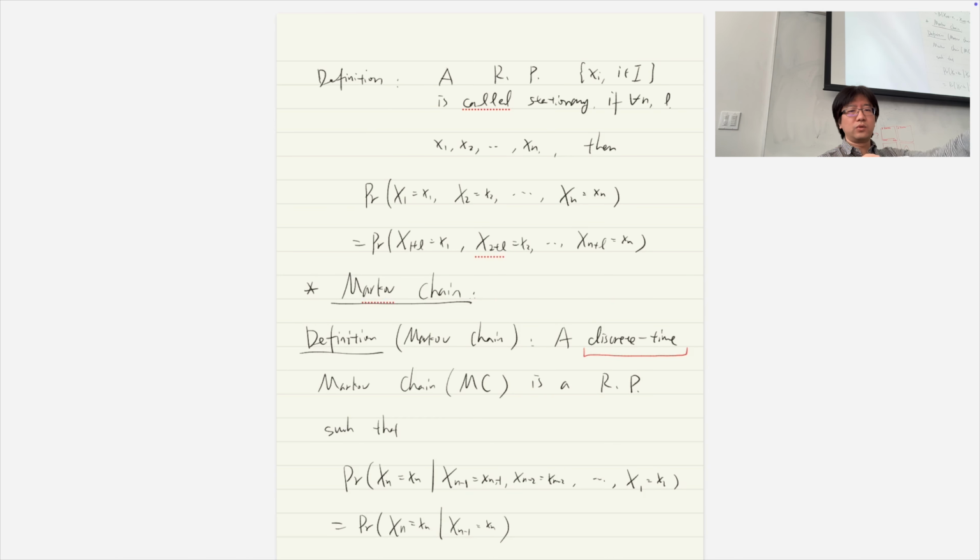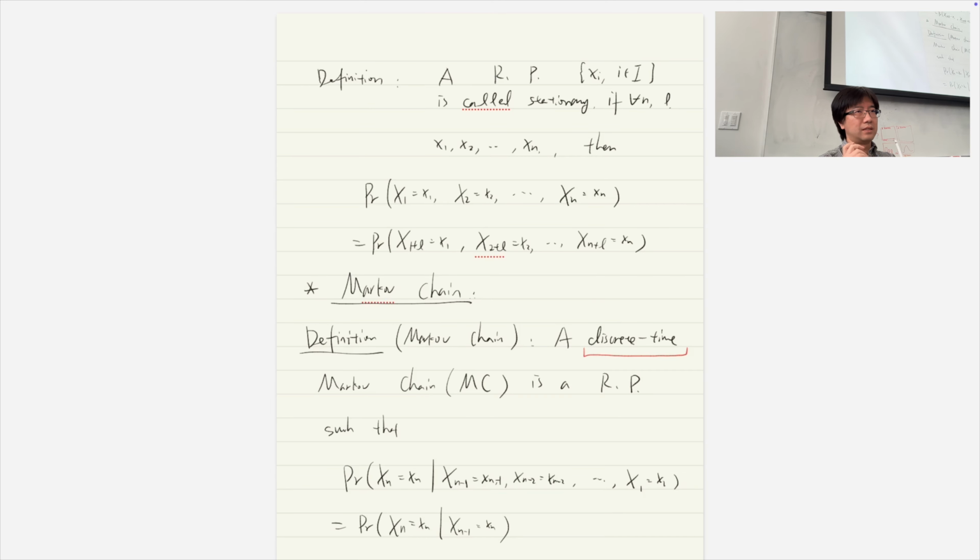One intuitive thing you can see here is that n represents time, or it's kind of like time. When it has a transition, it's at integers: a transition from n minus 1 to n, from n to n plus 1, and so on. That's why it is very nice to analyze.